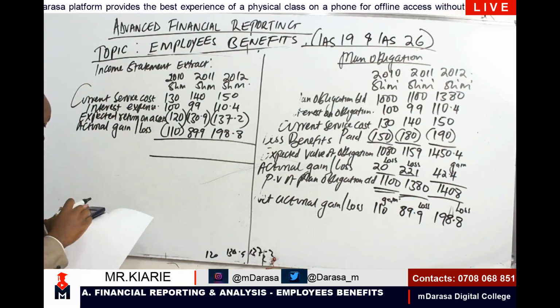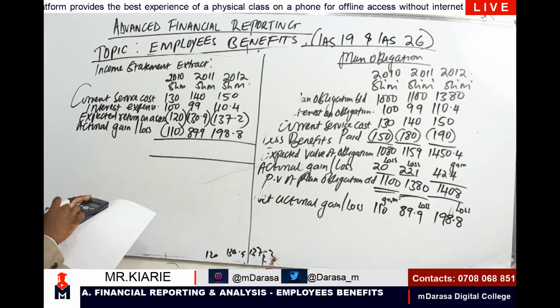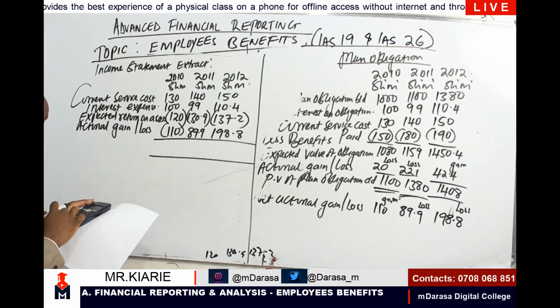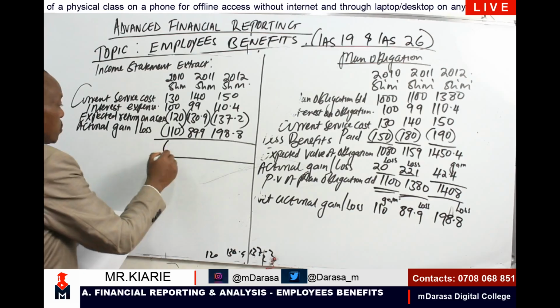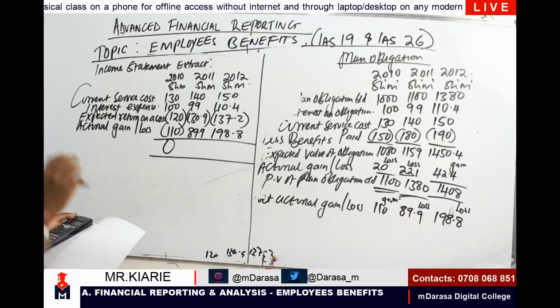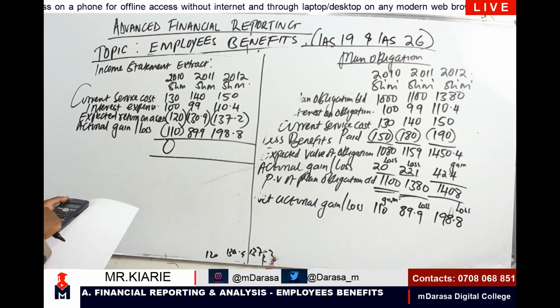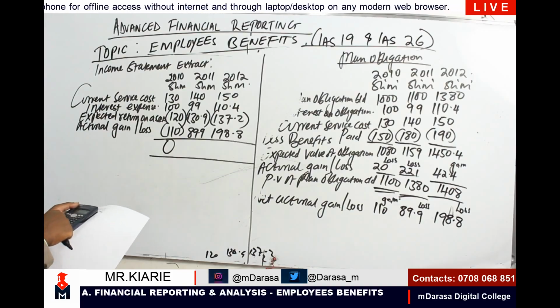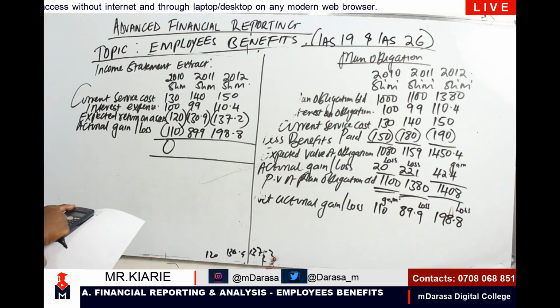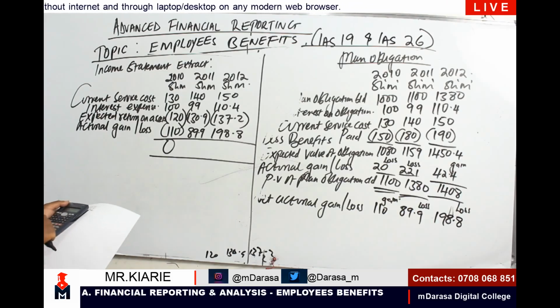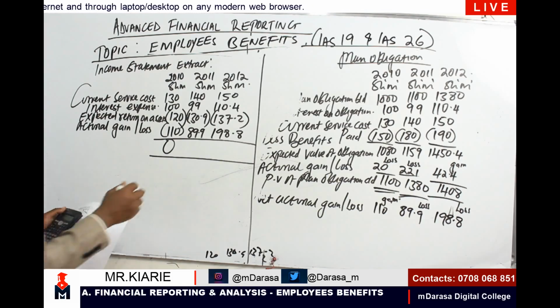So once I work it out, 130 plus 100 minus 120 minus 110. It comes to 0 in 2010. In 2011, 140 plus 99 minus 130.9 plus 89.9. I'm getting 198.